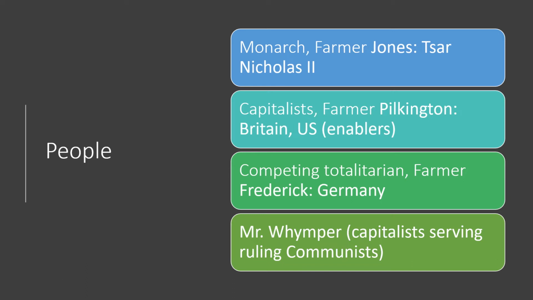Farmer Pilkington represented Britain or the U.S., who allied with the USSR in World War II. The competing totalitarian farmer Frederick looks like probably Germany at that time, and Mr. Whymper was Westerners, specifically capitalists, serving ruling communists and helping them with their goals, because that did happen.